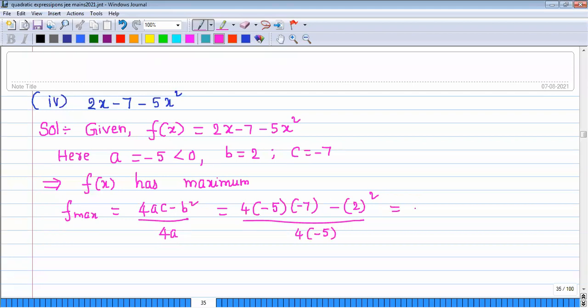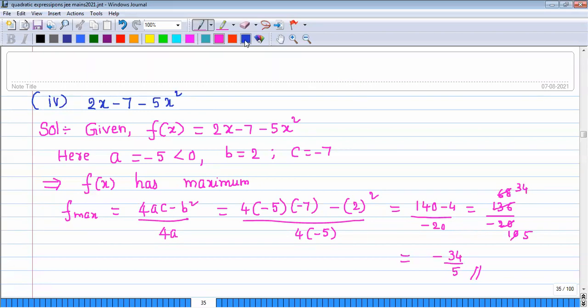This is 140 minus 4 by minus 20, which is 136 by minus 20. Am I correct? Yes. Next, what do you get now? 34 by 5. So this is negative 34 upon 5.